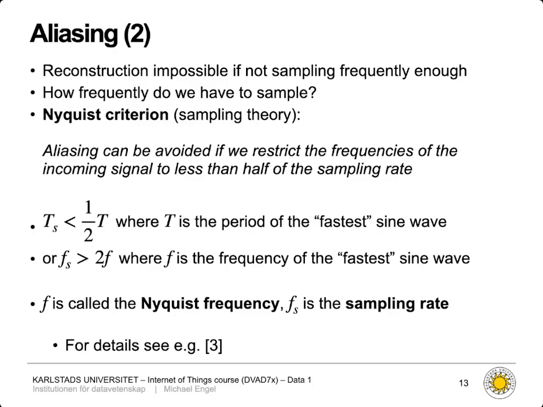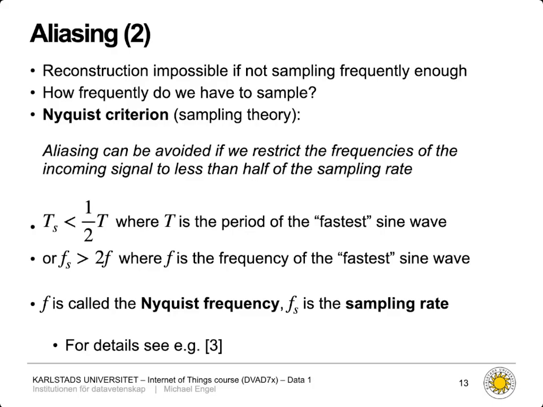Now, this is a general idea. So when you want to sample a signal of a frequency f, you need a sampling frequency of more than 2 times f. So that's exactly the Nyquist frequency. So f is the Nyquist frequency, which is the highest frequency, and fs is the sampling rate here. And essentially, you need to ensure that you measure twice per period of your incoming signal.